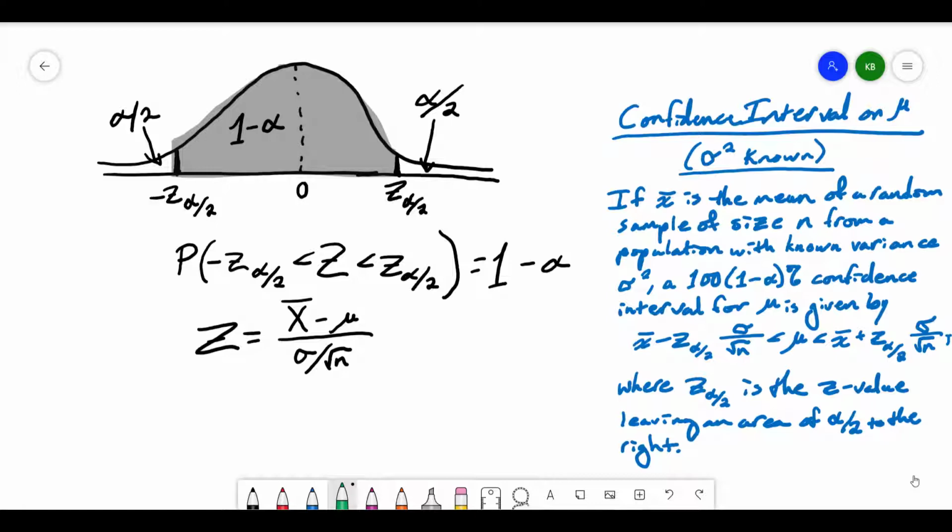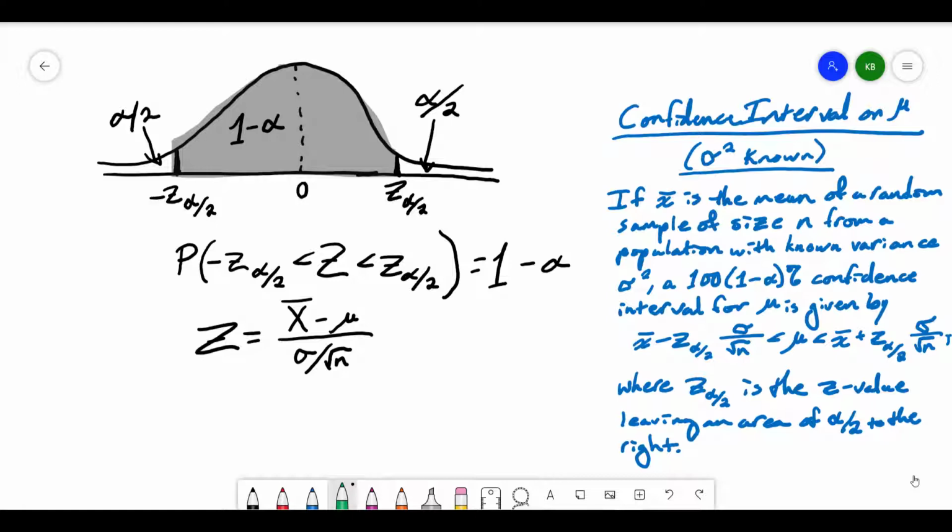Now, the central limit theorem says that I'm going to calculate z by taking the mean of the sample, that point value, subtracting from it the mean of the population, and dividing by the standard deviation of the population divided by the square root of the sample size.